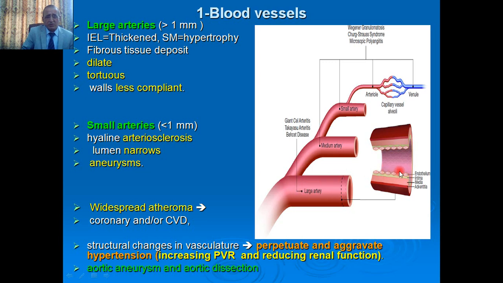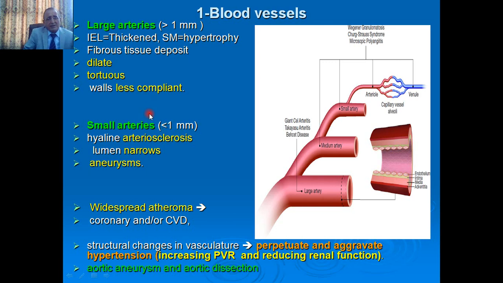Their walls are composed of intima, media, and adventitia. If you subject this to a high pressure, then in the large arteries the internal elastic lamina will thicken, the smooth muscle in the media will hypertrophy, and fibrous tissue will be deposited. So this artery will be dilated and tortuous and stiff, less compliant. And with dilatation, sometimes you might find a dilated aorta in the chest x-ray, unfolding of the aorta.